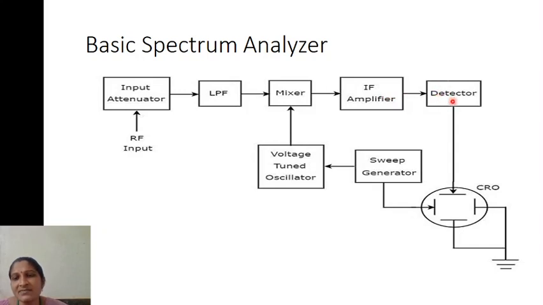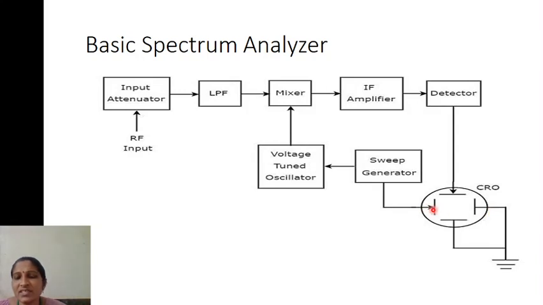The detector will detect the frequency range and show the detected frequencies on the CRO. It is given to the Y plates, the vertical deflection plates, of the CRO. For the X plates of the CRO, a sawtooth waveform from the sweep generator is provided. Why is only a sawtooth waveform given here?